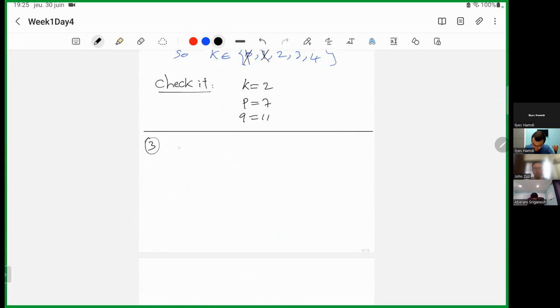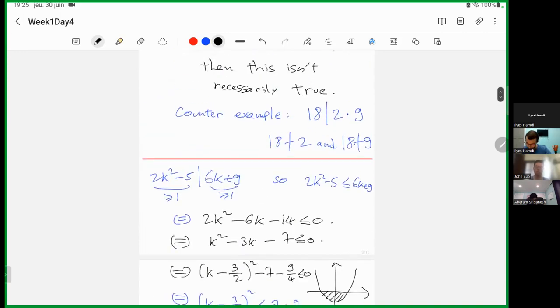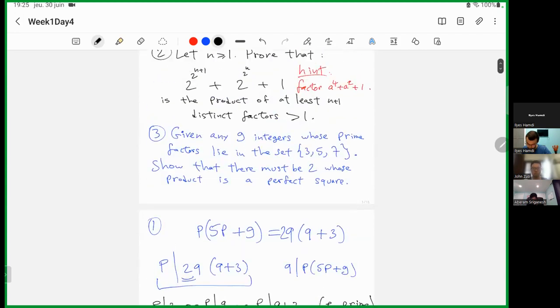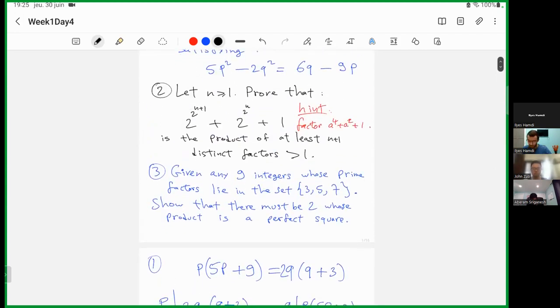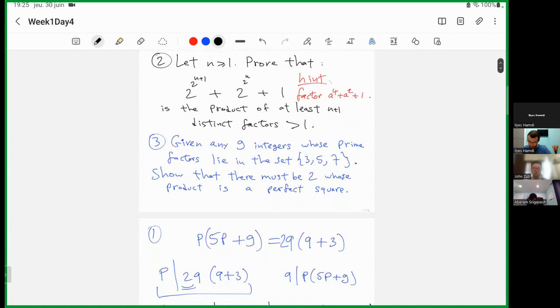Any integer in this set will be written as 3 to the a, 5 to the b, and 7 to the c. Let me check it. Yeah, 3, 5, and 7. Okay. And now the question is, show that we can always find 2 of those 9 integers such that if you multiply the two of them, you get a perfect square.